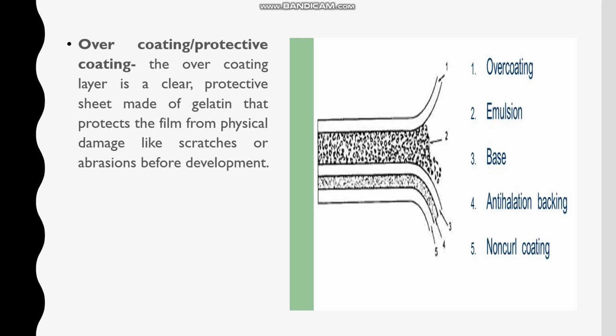The protective coating protects the emulsion layer so that during the developing process, whatever scene you captured is what comes out. Otherwise, you might ruin it before you even develop it. So again, it protects the emulsion from minor scratches and abrasion, and like the anti-halation backing, it also washes away during the film processing.